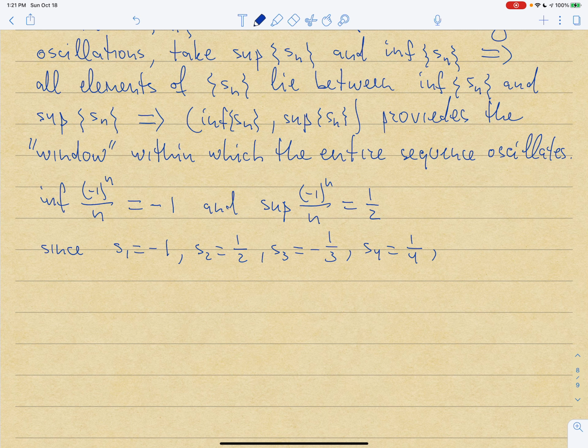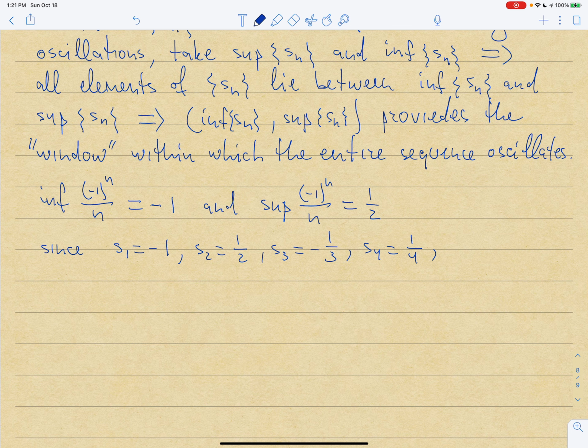And the question is, how good of a measure of the window of oscillation is this going to be? Not really a very good one, because the largest negative element is the first one, and the largest positive element is the second one. So if I want to see what happens with the tail of my sequence, then the information about the first and the second element should, at the end of the day, be irrelevant.